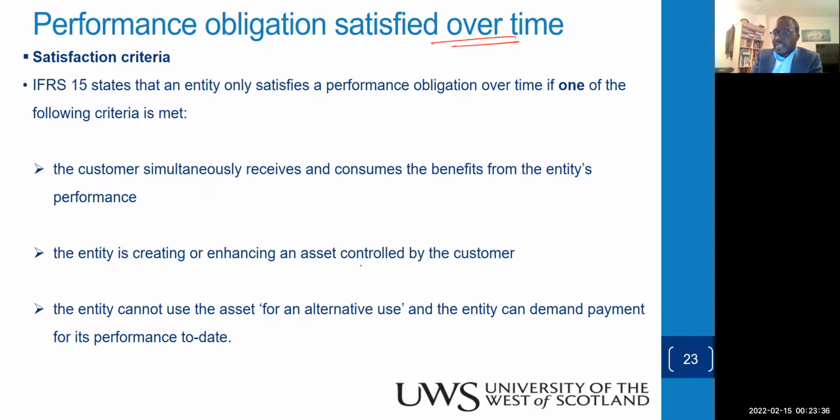It's a construction thing I'm doing, or I'm building a particular machine for you. I cannot use it for any alternative activity. So at a point in time, I tell you that I've finished 80%, pay me up to 80%. When I finish the remaining 20%, you pay me. So if any of these is met, then we can say the criteria has been satisfied.